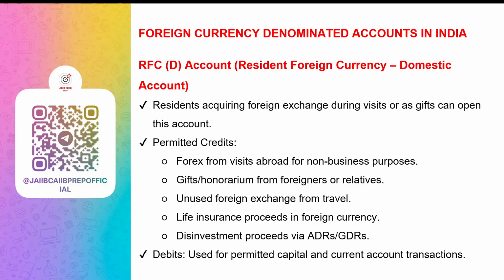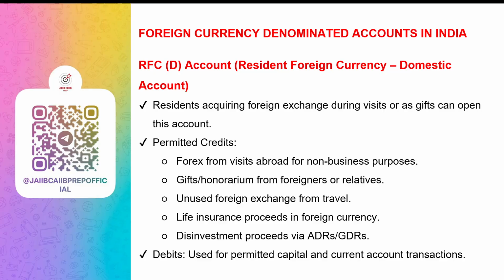So you can deposit this amount, or you got a gift or honorarium while visiting abroad. So a family member gave you dollars during your USA visit, or you got a gift from a relative in foreign currency, or you had some unspent foreign currency from your foreign trip which you had purchased from the bank.